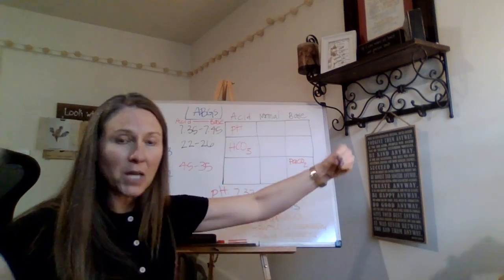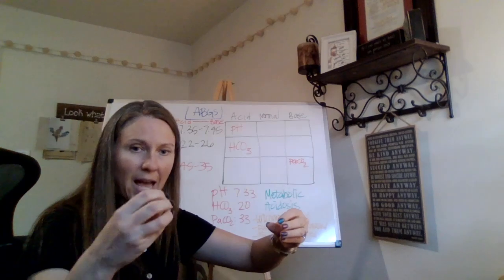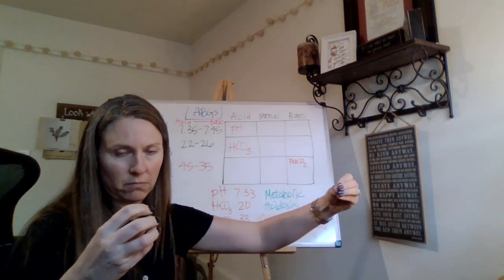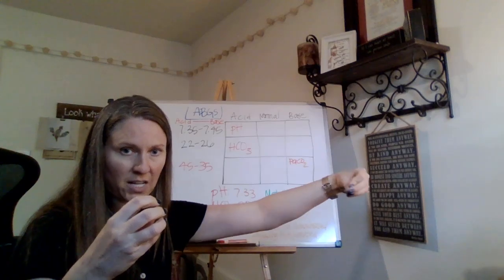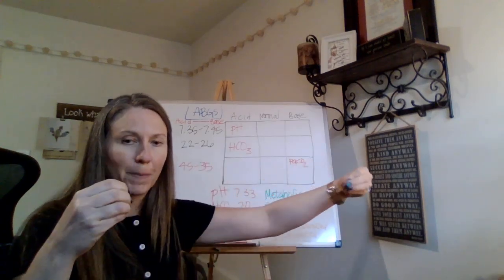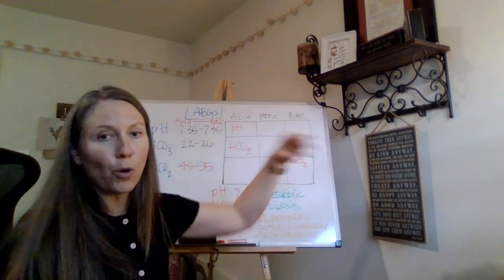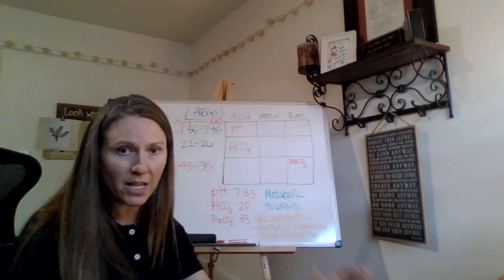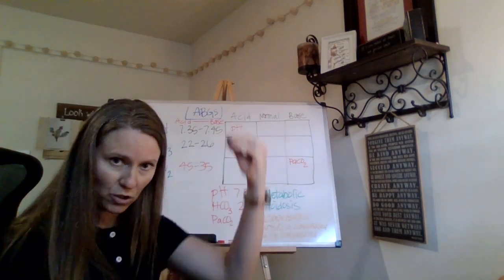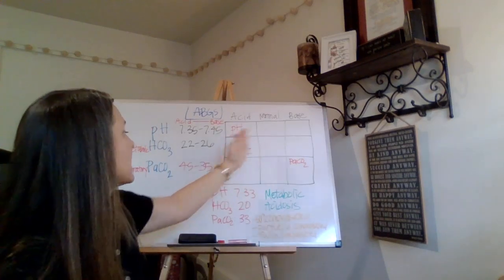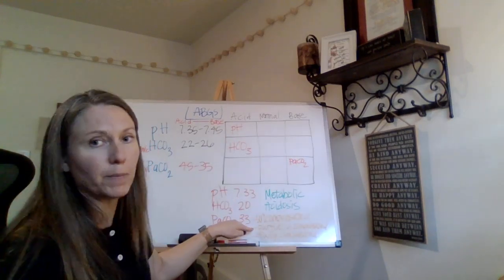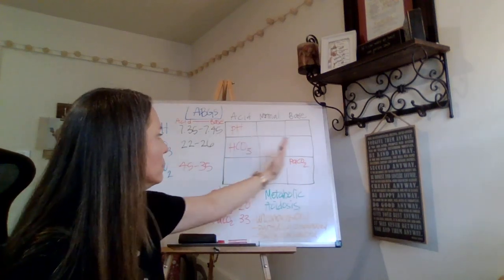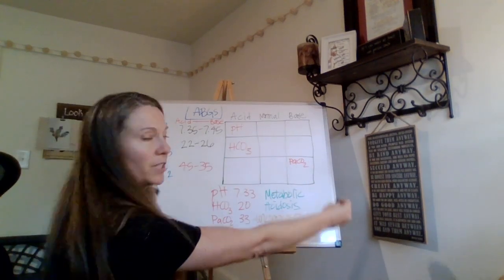They have to be opposite. One has to be acidotic and one has to be alkaline to pull opposite, to help make it partially compensated and try to pull that pH back to the normal center. That's how we know it's partially compensated: nothing is in the middle, but they're pulling opposite.